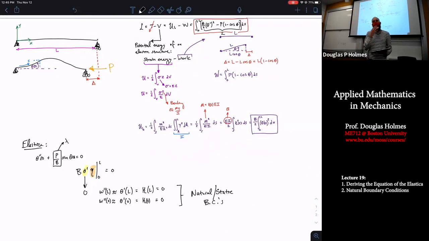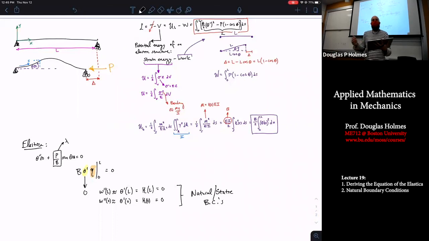And the important thing I want you to take away from this is when you use a variational procedure to derive the governing equations, you get the governing equations and the natural boundary conditions. What you don't get are the essential or kinematic boundary conditions.